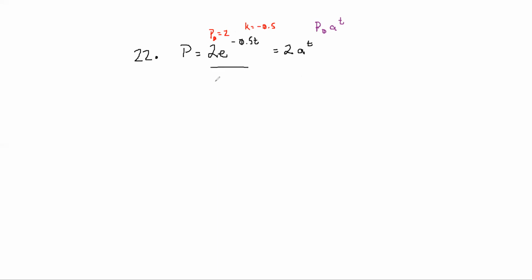And then I'm going to divide both sides by 2. So I'm going to end up with e to the negative 0.5t is equal to a to the t. Yeah? Then what am I going to do?